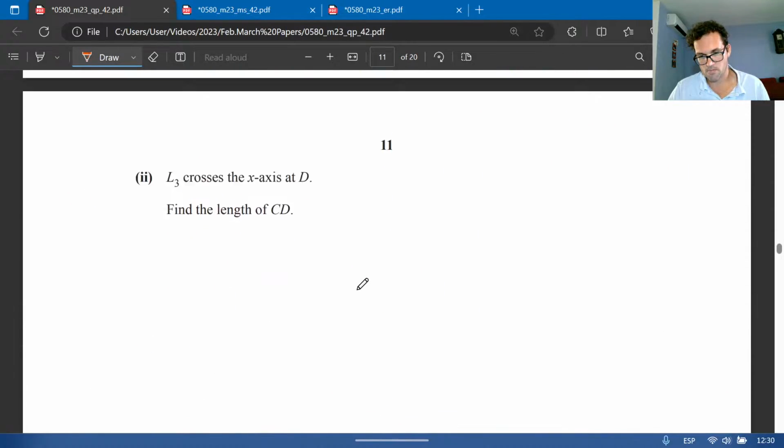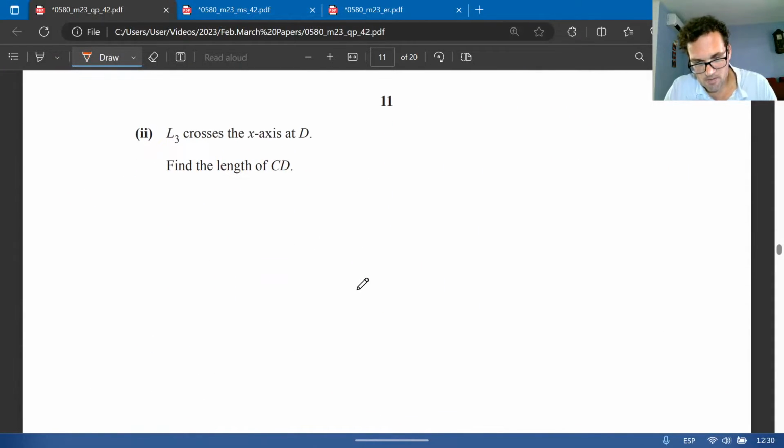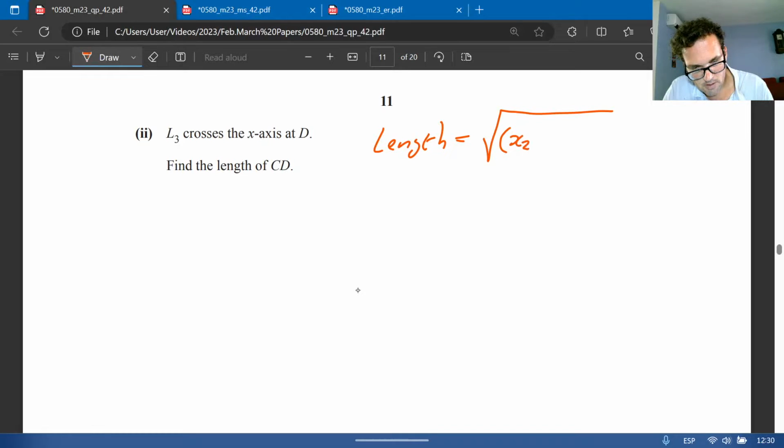The length of a line segment is the square root of x2 minus x1 squared plus y2 minus y1 squared. It's Pythagoras.